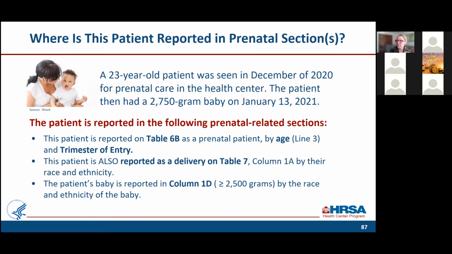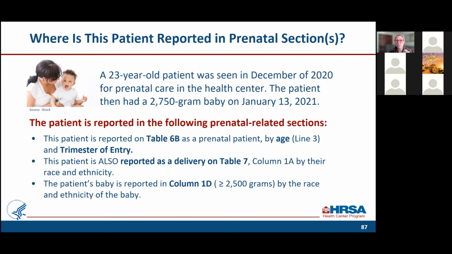On table 6B, as a prenatal patient by age and then trimester of entry. And note that this is true even though the patient only delivered in 2021. This patient's also reported as a delivery on table 7, column 1A by race and ethnicity.